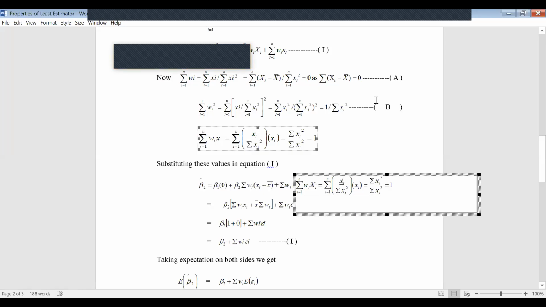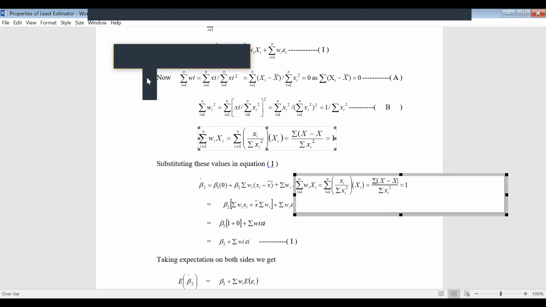And when we put capital Xi, after expanding, the small xi is actually capital Xi minus x bar, and we have also the capital Xi, and divided by the summation xi square minus x bar summation xi.